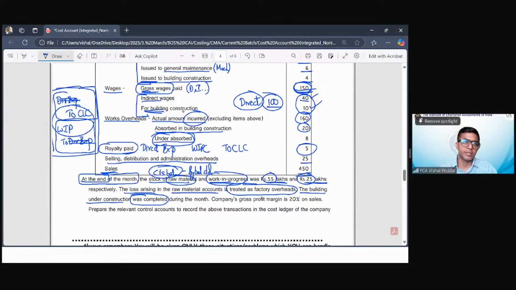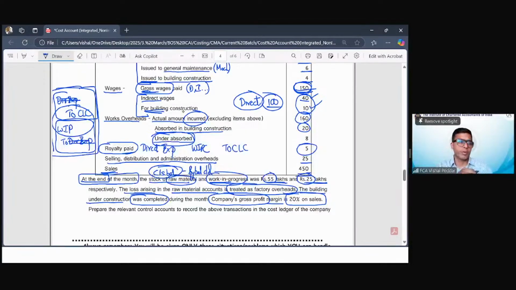Again, something very interesting. See, they are saying company's gross profit margin is 20% on sales. Now, till this point, we never were given profit margins. But now they are giving me profit margin. Now, what do I have to do with the profit margin? Answer is nothing. Because nowhere in this whole accounting do we write gross profit. Yes, we do have an entry for profit, but that is of net profit.